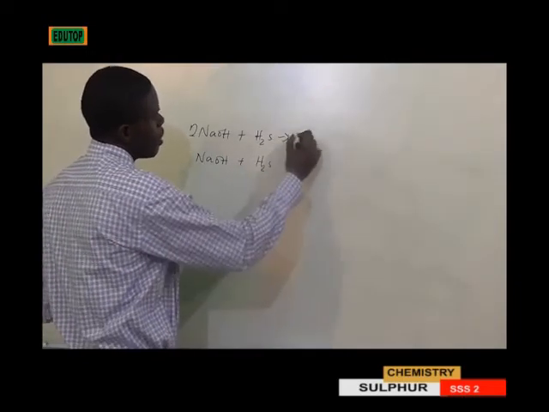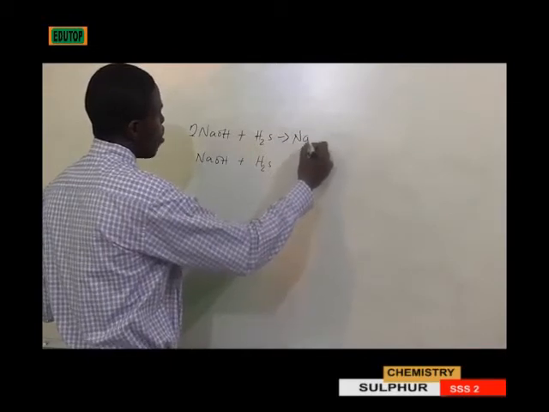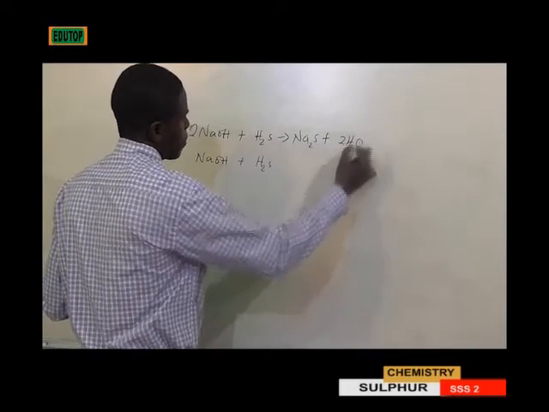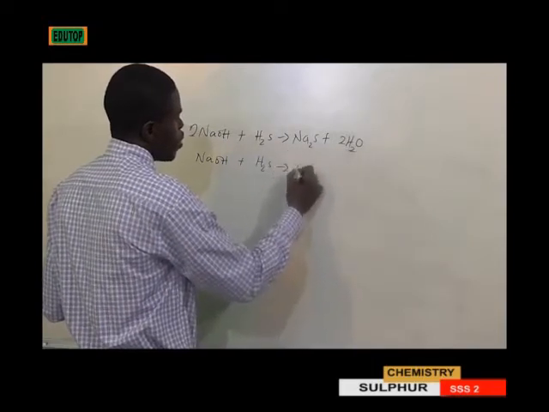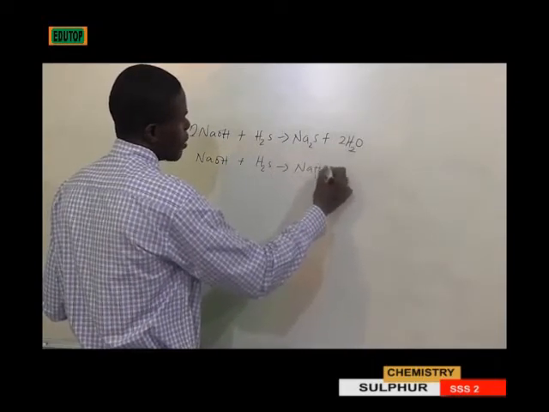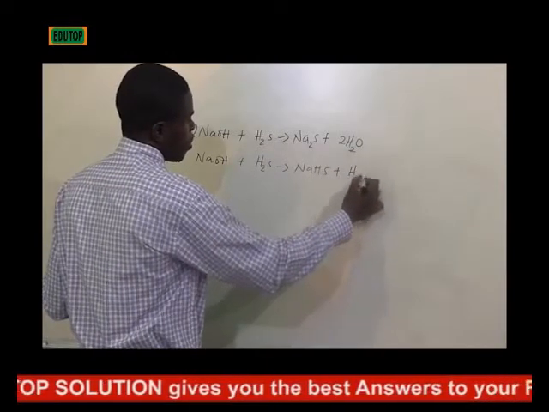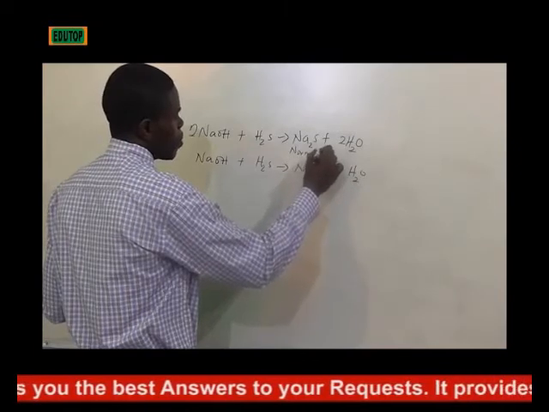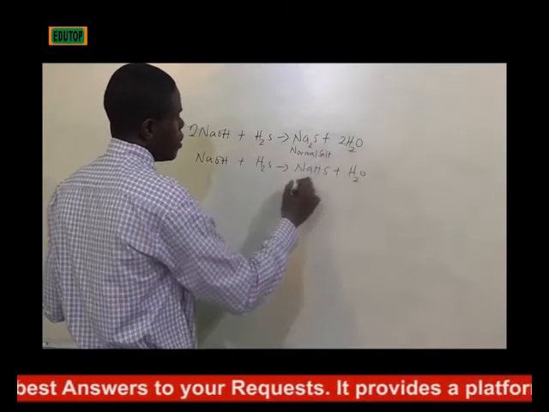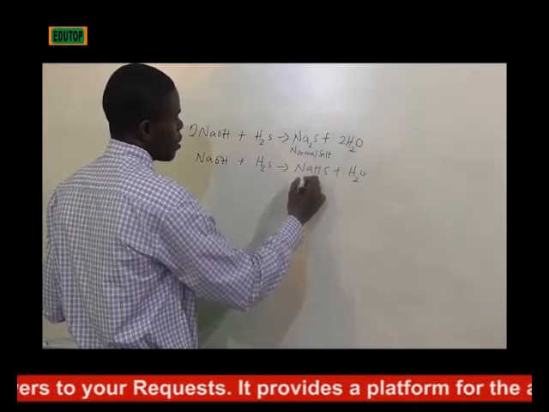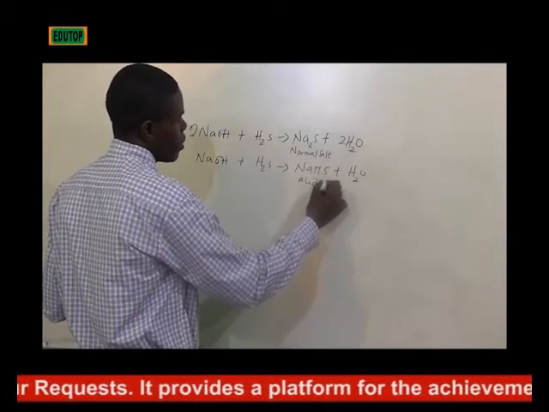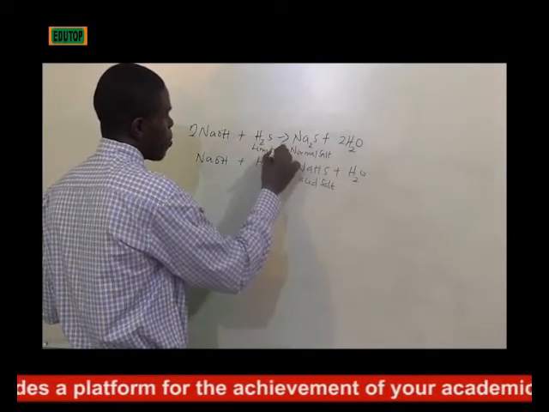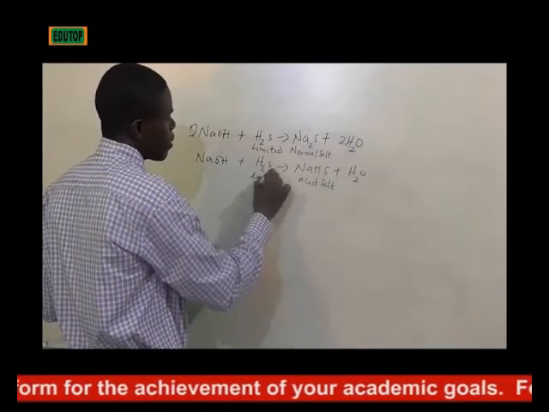In this case, you have the formation of a normal salt plus 2 waters. Here, you have the formation of acid salt plus water. This is a normal salt. This is an acid salt. Here in limited supply, here in excess supply.